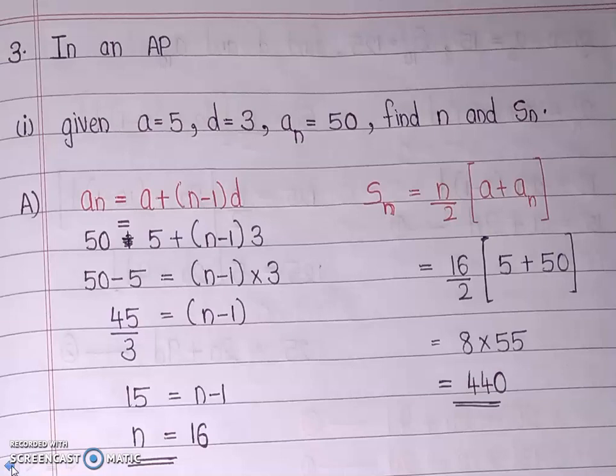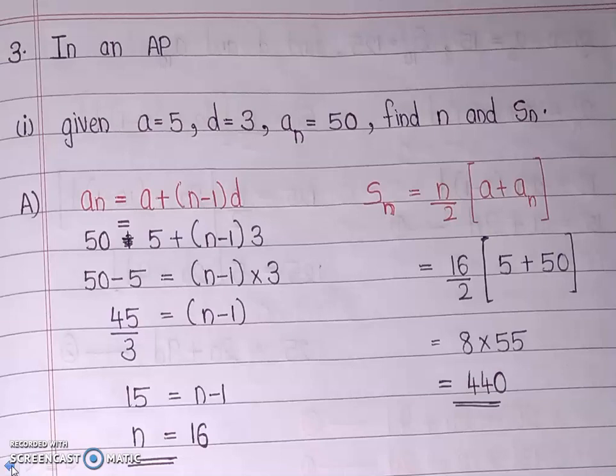First of all, what you have to do is write down the information which is given in your question. Then choose the equation which you have to use. How will you choose the equation which you want? That is by seeing the data given in your question.